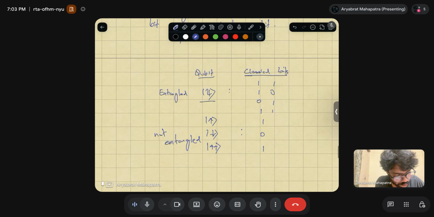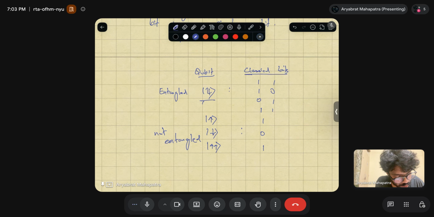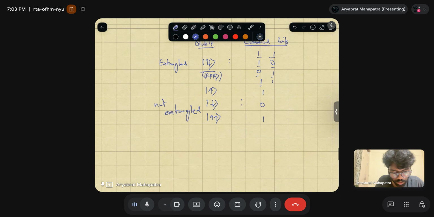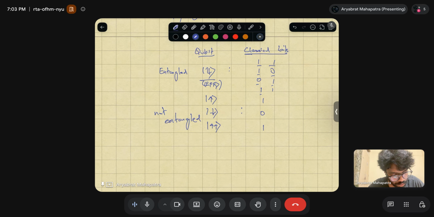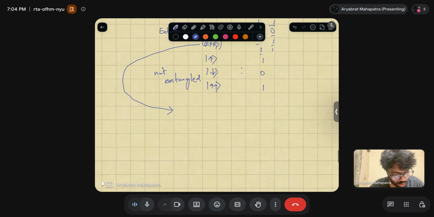So if I have this, which means EPR, which I initially said, I can send either 1 and 1, 1 and 0, 0 and 1, or 1 and 1. So how can this happen? Let's say this EPR, which I am calling here, can otherwise be denoted as chi minus, as we will see.